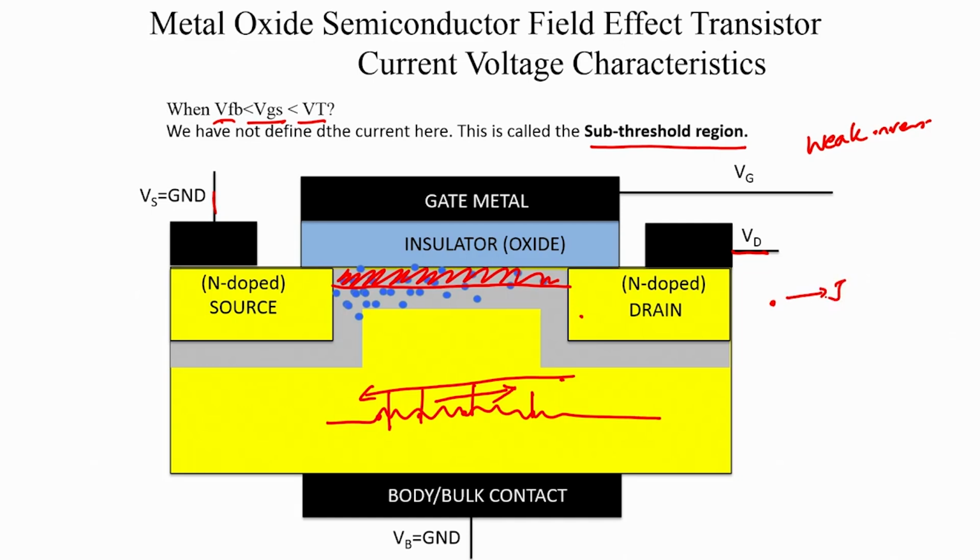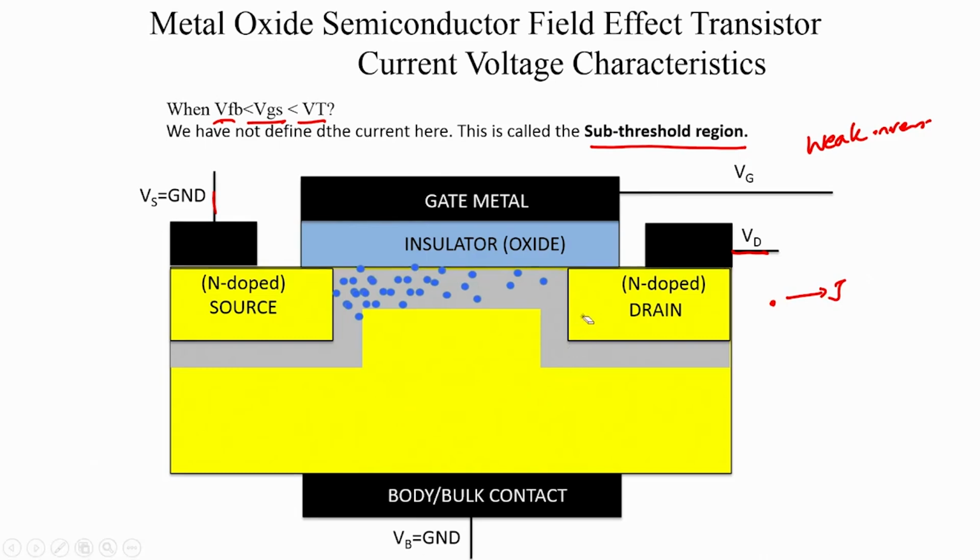But in the case of weak inversion, you have a certain VGS, and if you look at this PN junction, let's draw a cut line this way. So, what do we have? We have an N type, you have a P type, though it's shown in the same color.